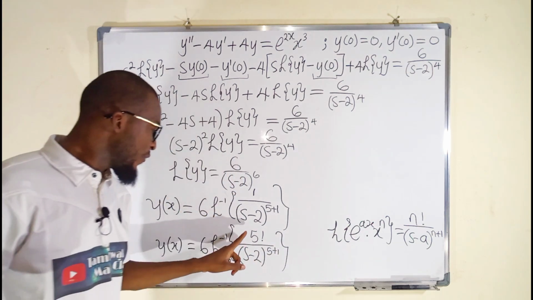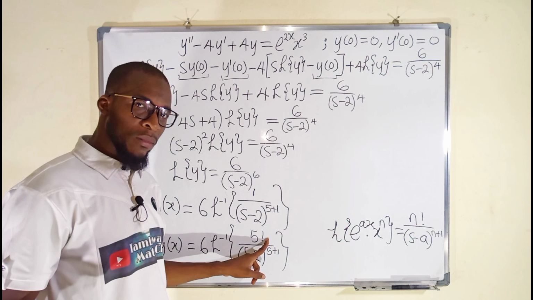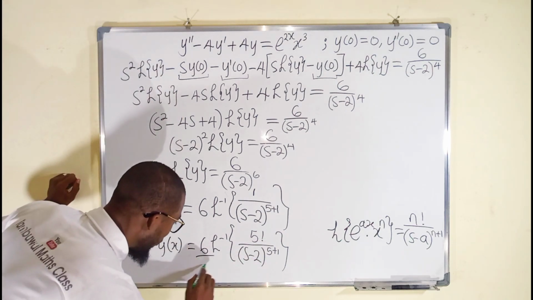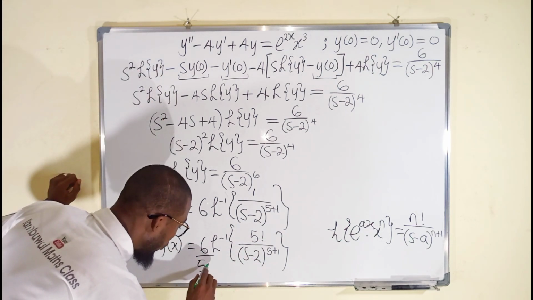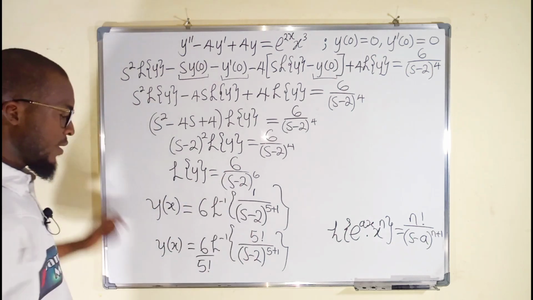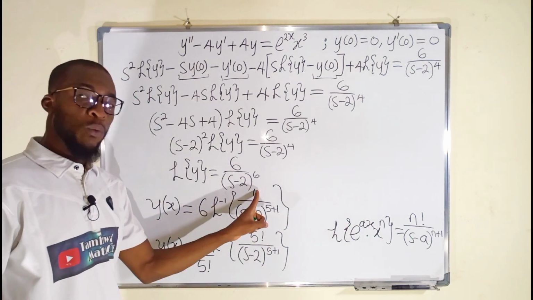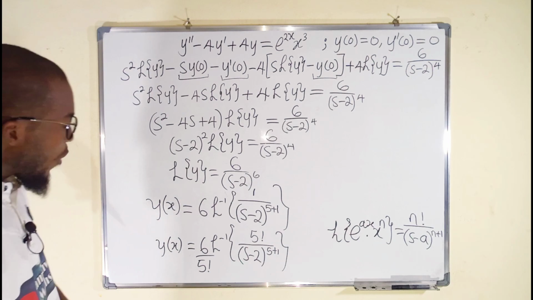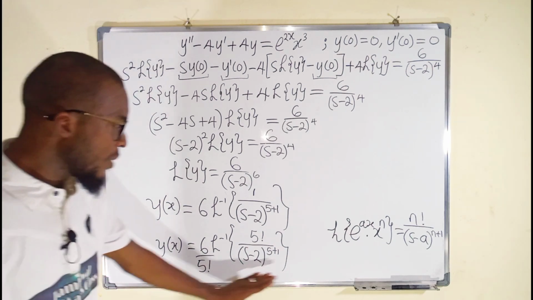By introducing 5 factorial here, we can just divide it here to compensate. This multiplied by this, we get 1 back. Okay, now we are free to relate this with that.